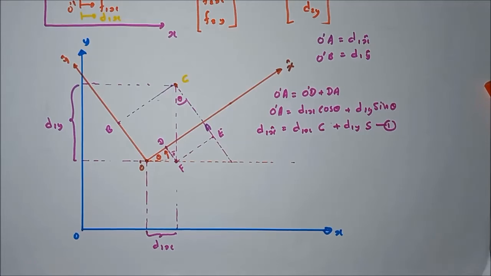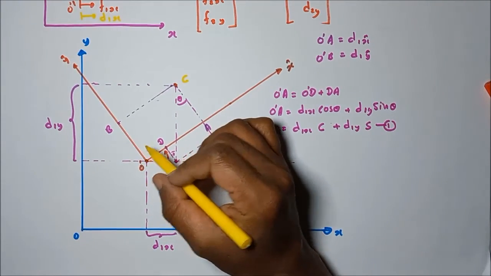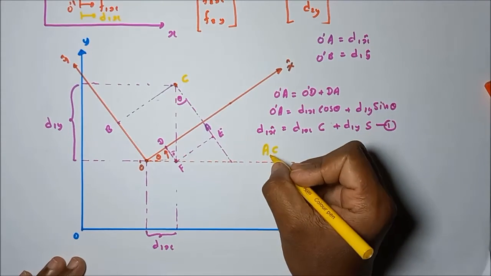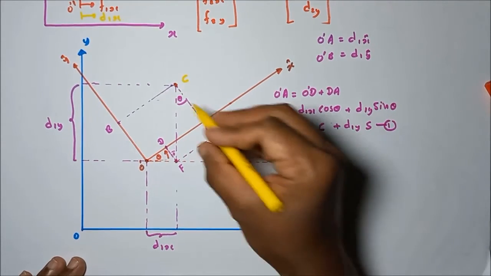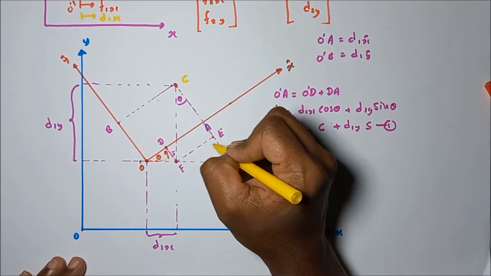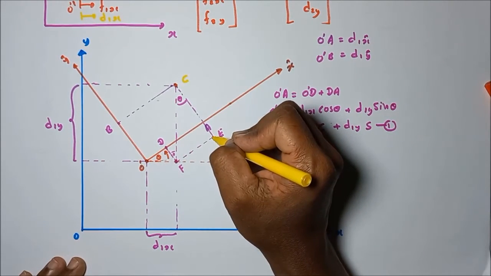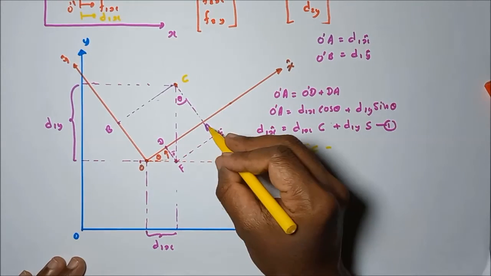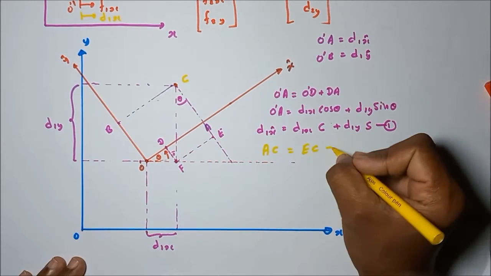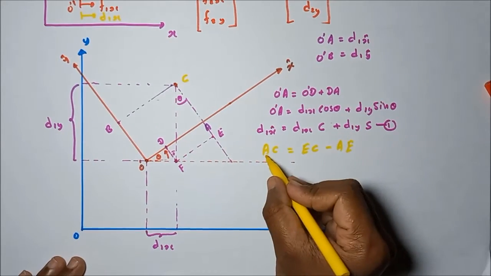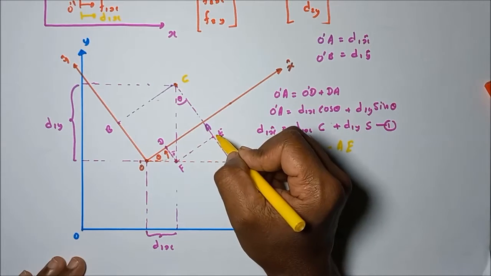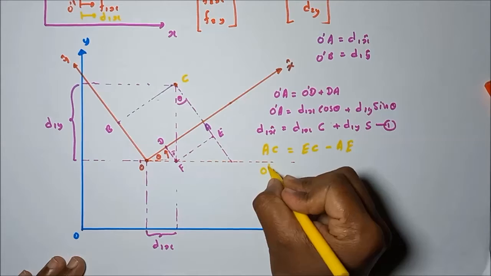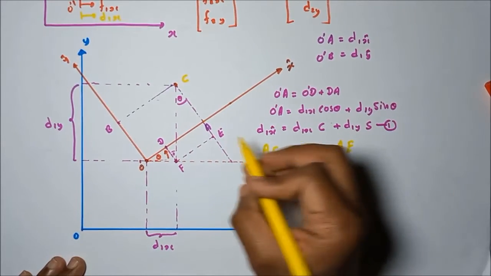Then AC is equal to, from this triangle, EC minus AE. AC is equal to O dash B, and O dash B is equal to CE. What is CE?